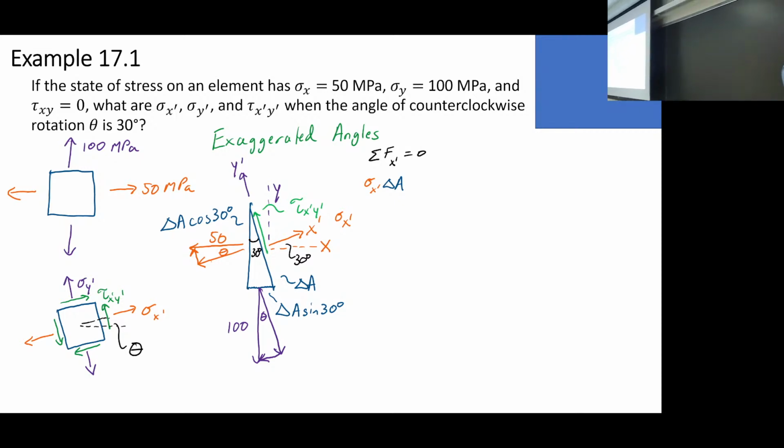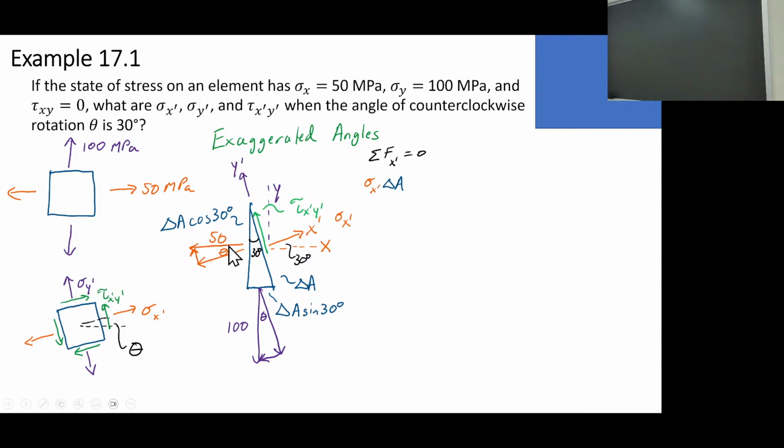That's right, because that gives me now this side of that triangle. So 50 cosine 30, times delta A cosine 30. Does everyone see this?